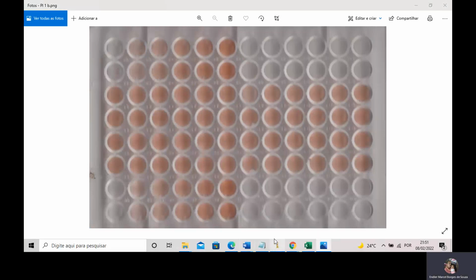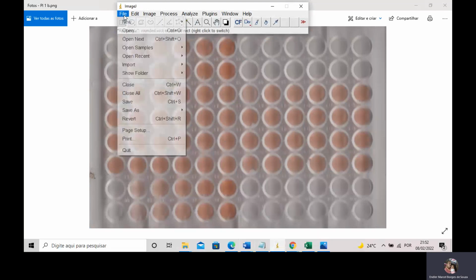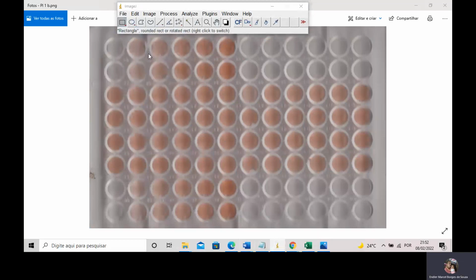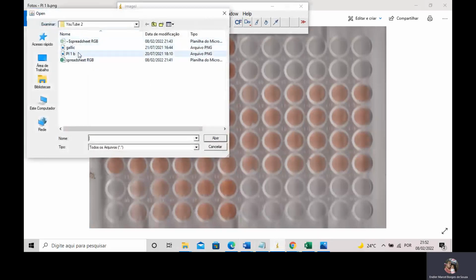First, we're going to open ImageJ. You are going to File, and you are going to open your plate image. In this case, you can find the image that I am showing to you now in the page that was provided in the description of this video.